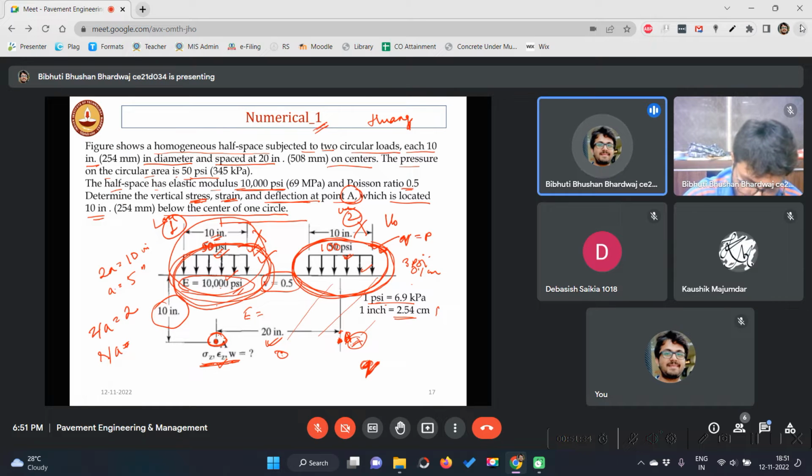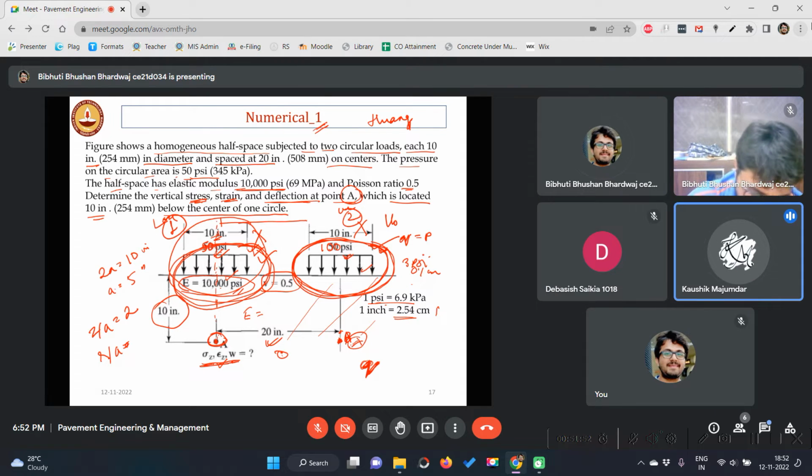Because of load 1 only, what will be the center line of the load? This A is exactly at the center line. So what will be R by A and Z by A? R by A would be 0.